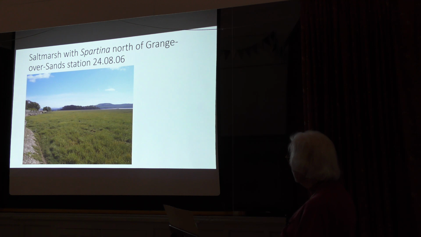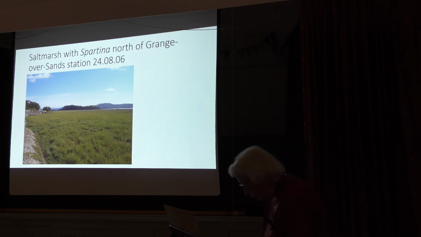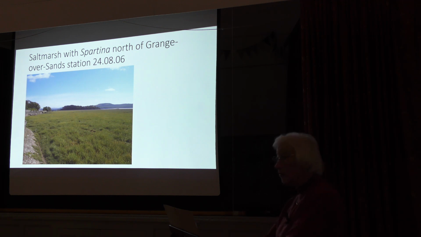And this is north of the station, which looks quite different from what you saw in the last sequence of slides. A very well consolidated and quite wide marsh here. So it looked as though there was going to be this steady build-up of marsh on the Grange side.